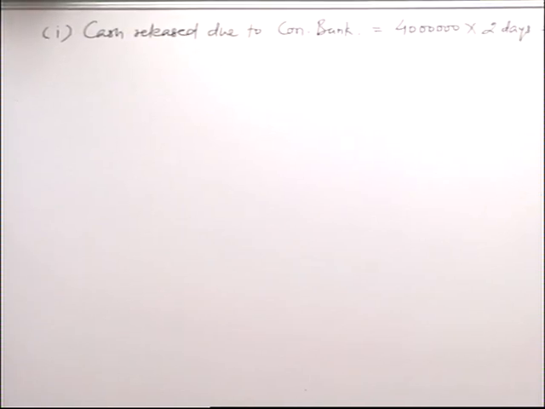Second question, how much money can be saved due to reduction in collection period by 2 days? And there is another question in point number 2, should the firm institute the concentration banking system? Now, the first answer, money saved means interest saved.